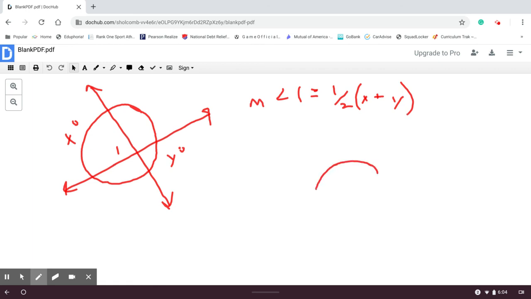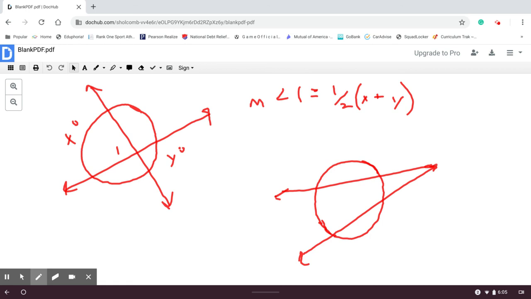I'll do it on the same screen so you can see both of them. So here we've got another circle. Now we've got two lines that intersect outside the circle like this. Okay.